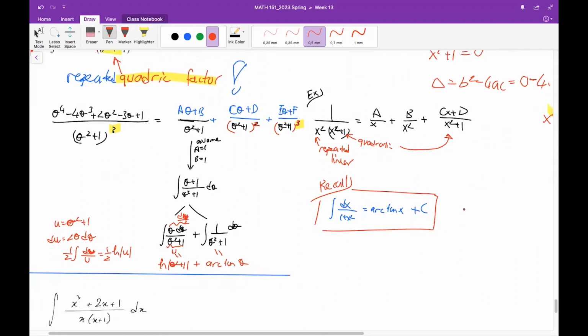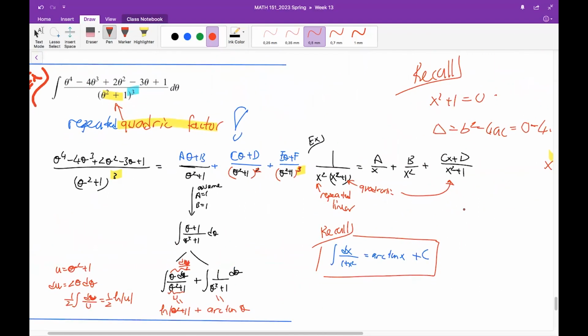I accept that this is a very long computation to find A, B, C, D, but I just wanted to show it to you: what we do when the denominator contains a quadratic factor. Quadratic, we put ax plus b forms in the numerator. And what happens when it is also repeated? We keep writing it like that. Okay.